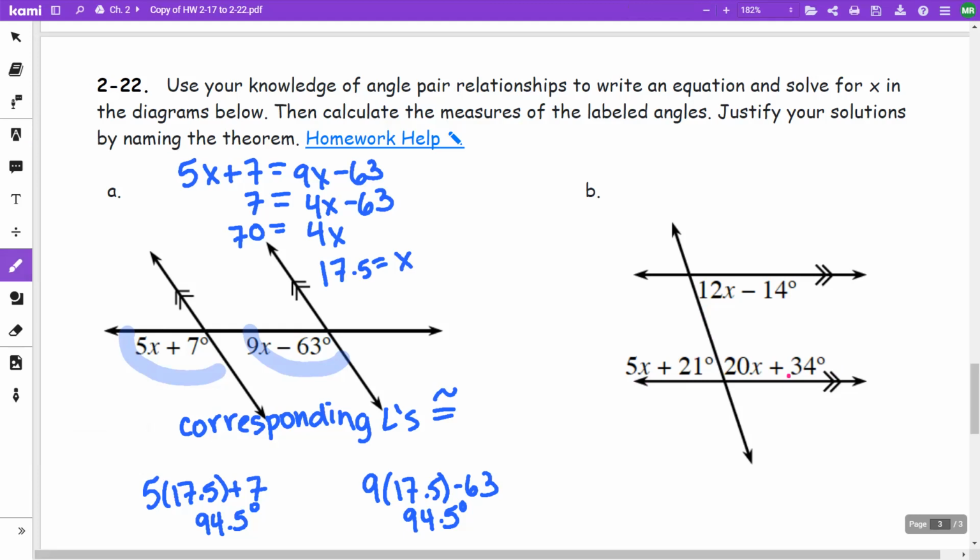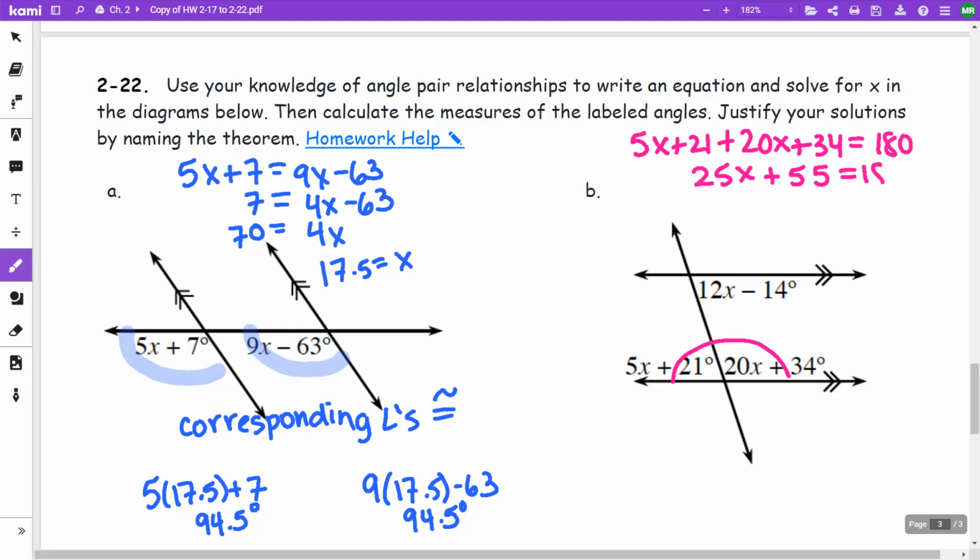So let's say I'm talking about this. So I can write 5x plus 21 plus 20x plus 34 is equal to 180. So I'm going to get 25x plus 55 is equal to 180.